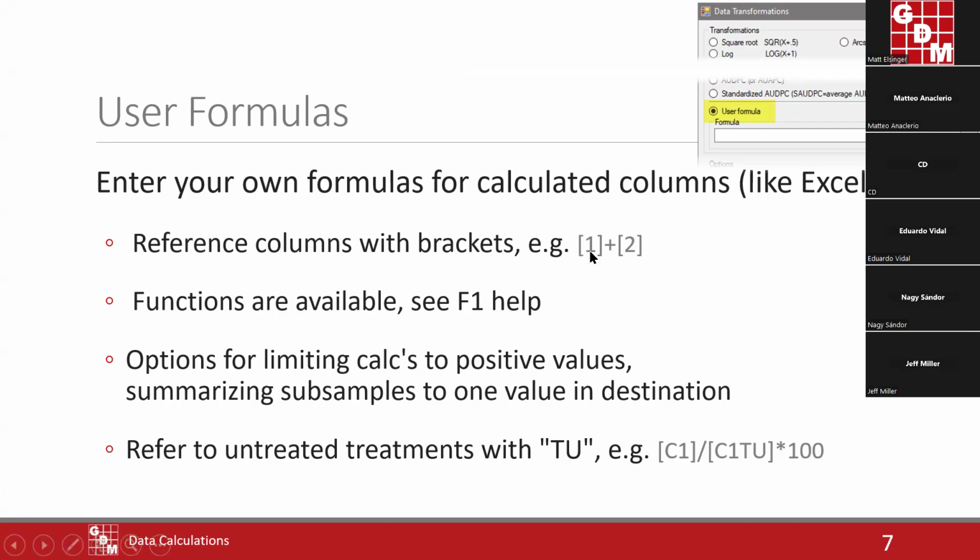So for example, this here would take the data in column 1, add it to the data in column 2, and give us a third column that each plot just has the sum of what was in 1 and what was in 2. That would be our calculation. We saw the F1 help for all the different functions and things like that. So let's go here.